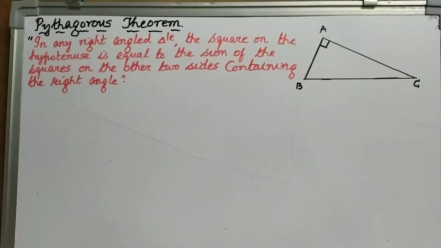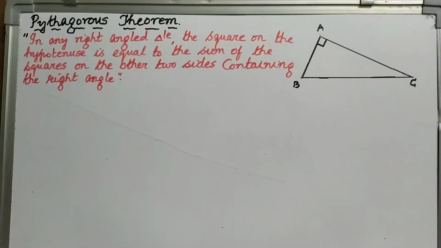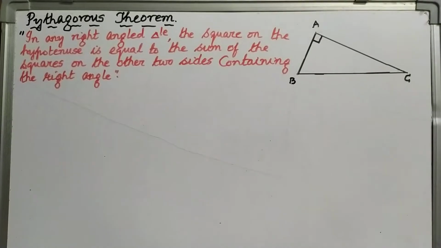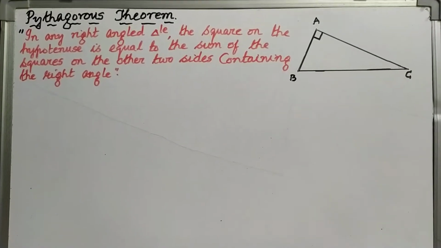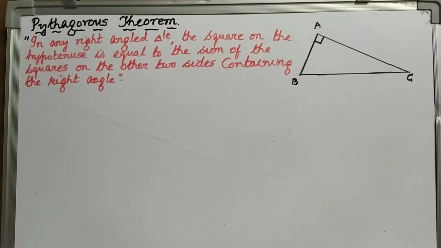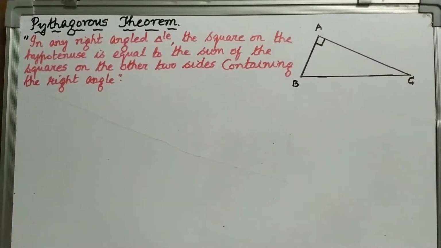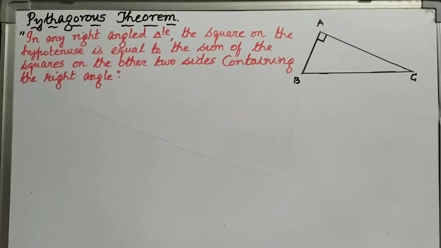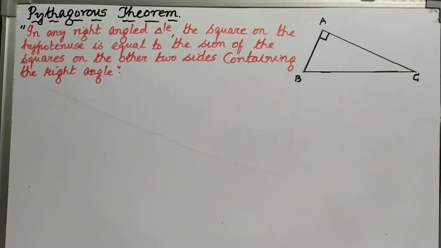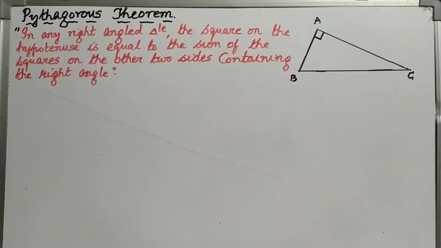Today we are going to prove the Pythagoras theorem. Pythagoras was a Greek philosopher. Approximately his time was between 500 BC and 475 BC.